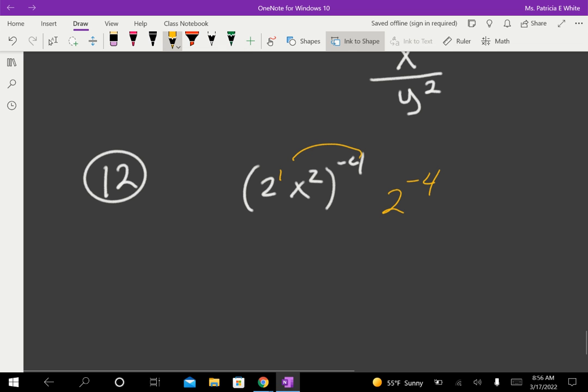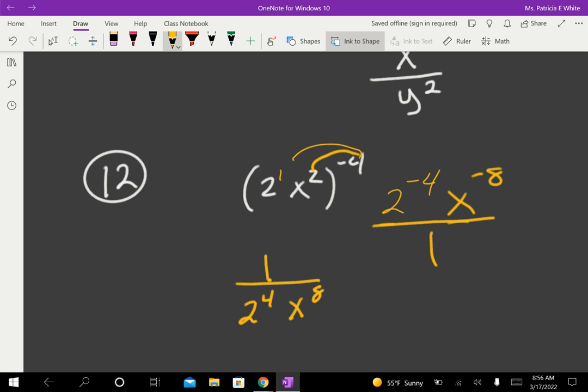All right, negative 4 times 2 is x to the negative 8. Both of my terms have a negative, so I'm going to put this all over 1, and the 1 is going to come up top, and the 2 to the 4th is going to come down, and the x to the 8 is going to come down.